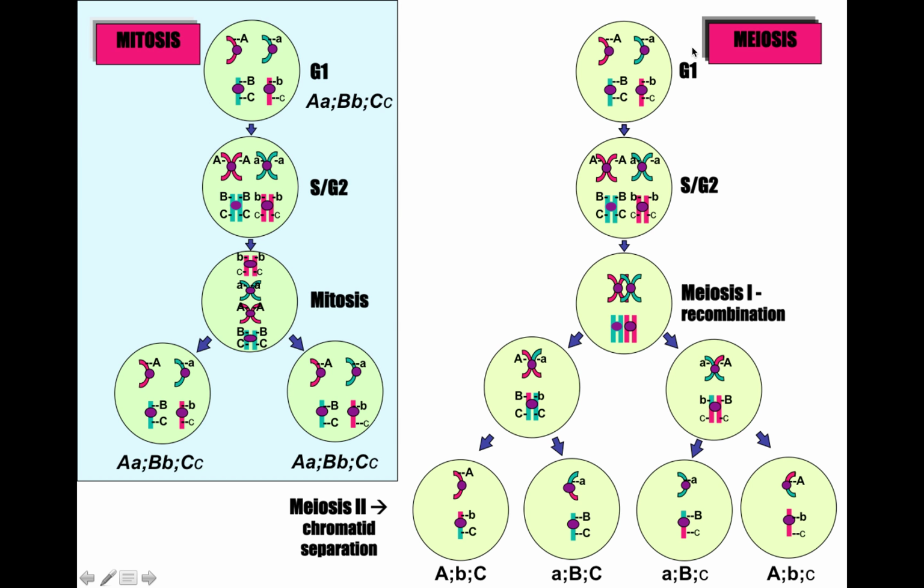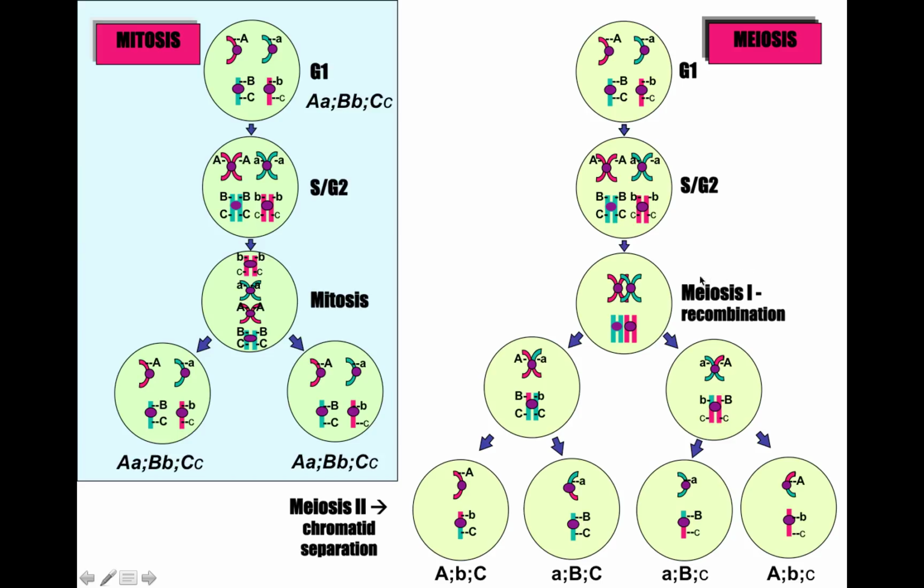In meiosis, however, we have the same complement of genetic material at the beginning. This cell is also heterozygous at all 3 loci, big A, little a, big B, little b, big C, little c. And it goes through the S and G2 phase and duplicates the chromosomes so that each chromosome now has 2 chromatids.